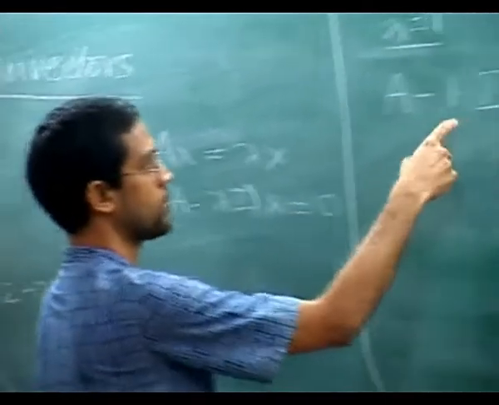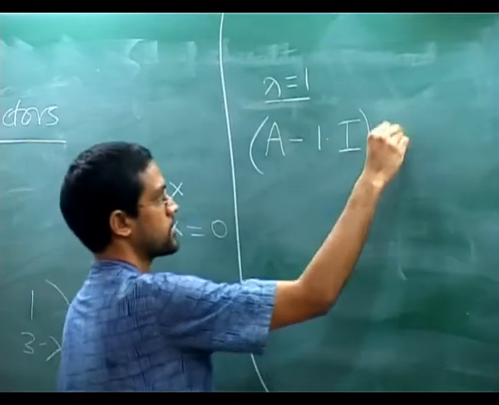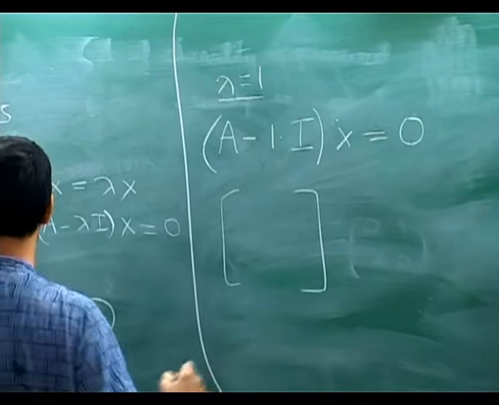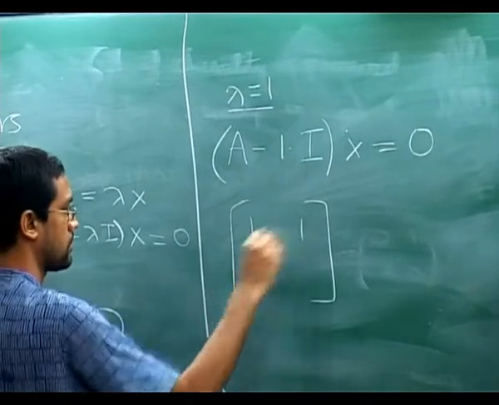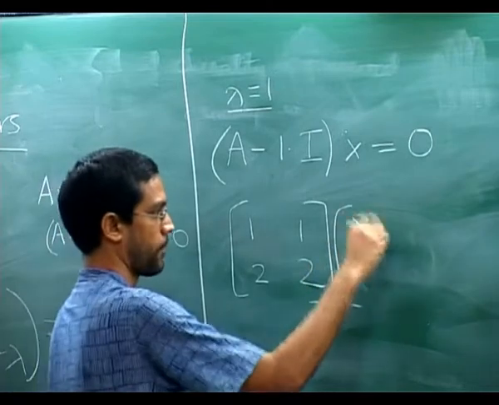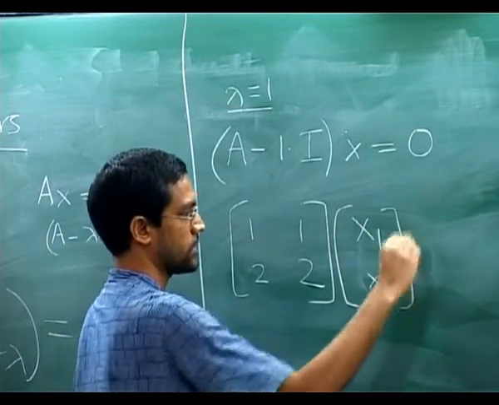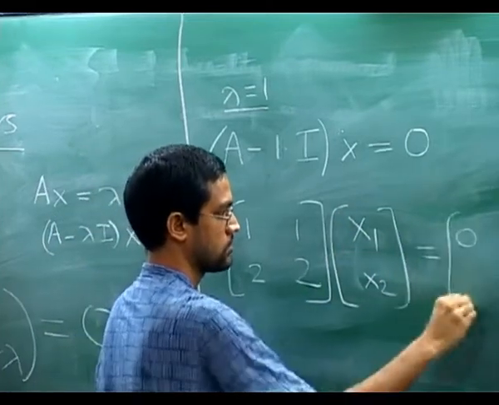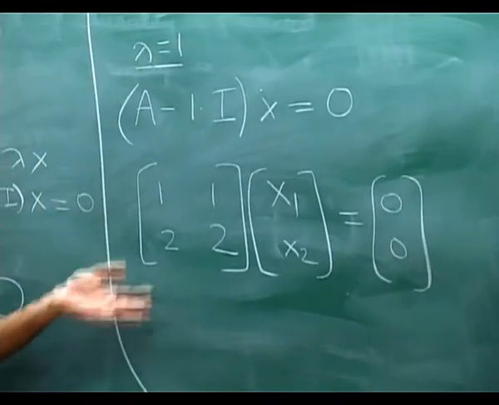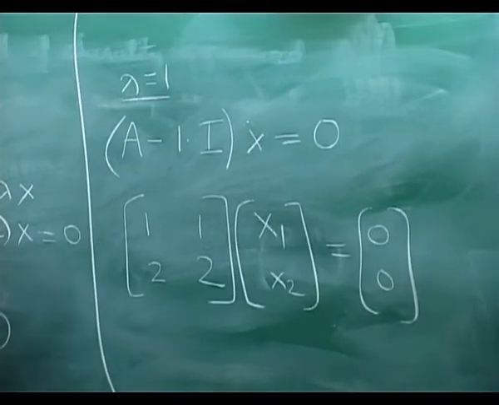So we have A minus 1 times identity times x is 0. Let's plug in 1. So we have 2 minus 1 times x, and let's call x as (x1, x2), is 0. So I get two equations now. I need to solve for x1 and x2.